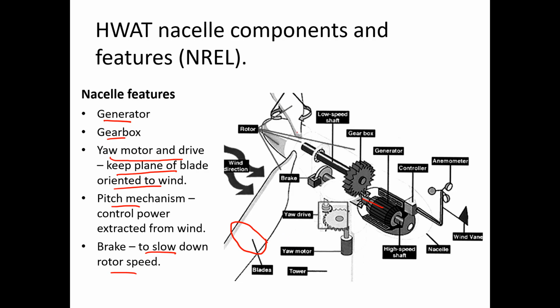So again, you have orientation where the wind turbine is being shifted to point towards the wind. You have a pitch mechanism on the blades, in order to shift the angle of attack between the wind and the blades. And then you also have a brake to slow down the overall speed of the turbine.